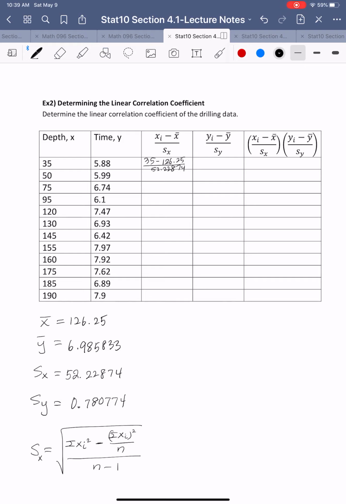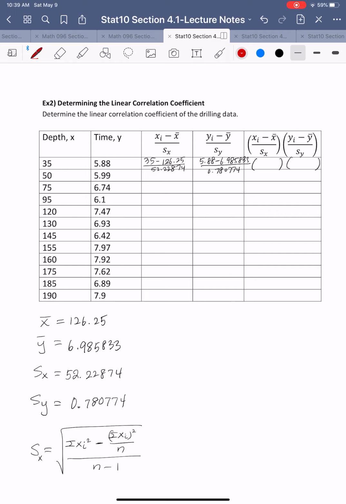You can use a calculator. For the second one, y sub i is 5.88, subtract y bar, which was 6.985833, over s of y, which is 0.780774.